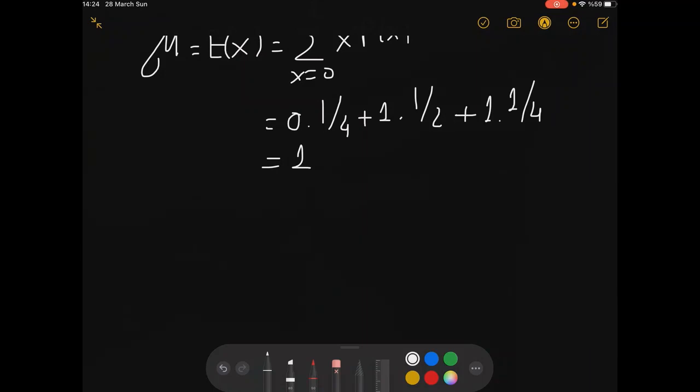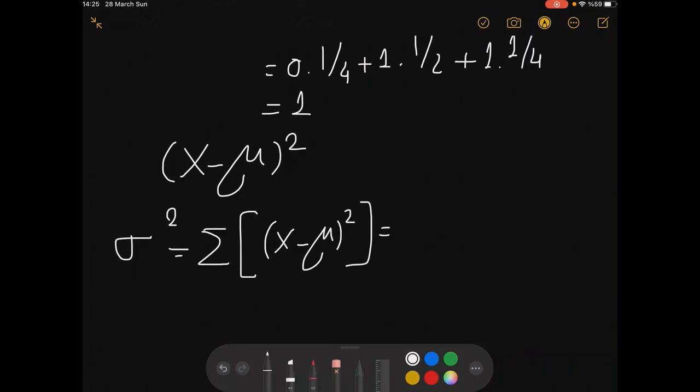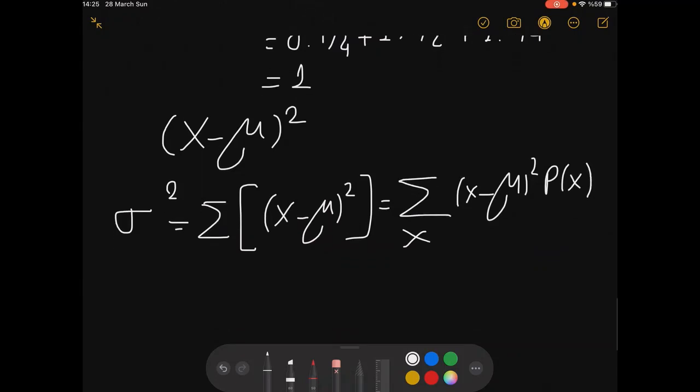Now your variance will be x minus mu square here. So your variance should look like this. Expected value of this function, x minus mu square, will look like this for all x's, x minus mu square, and their corresponding probabilities, right?